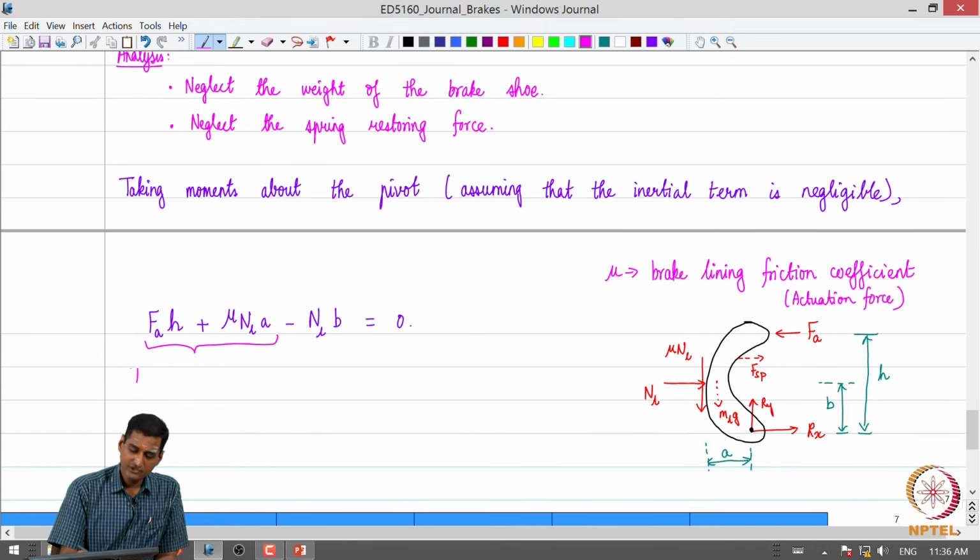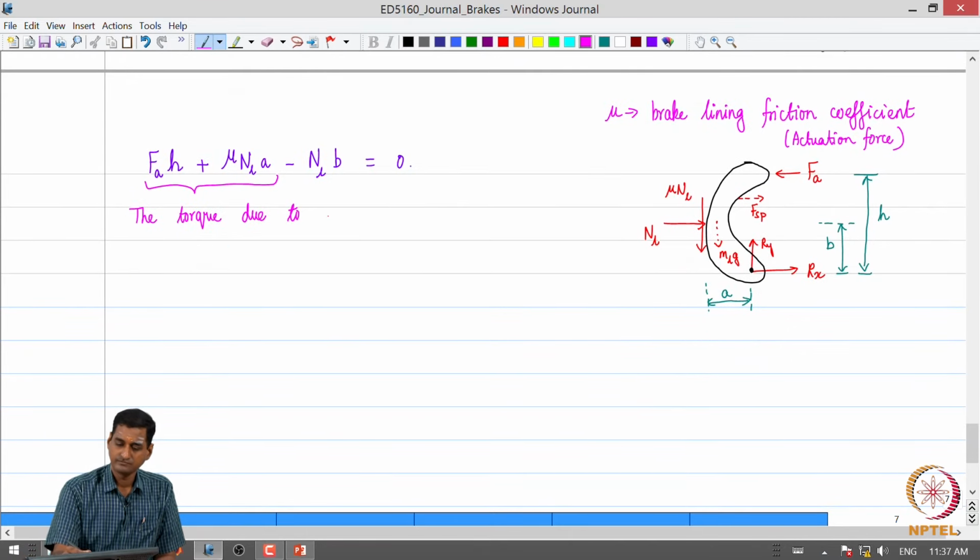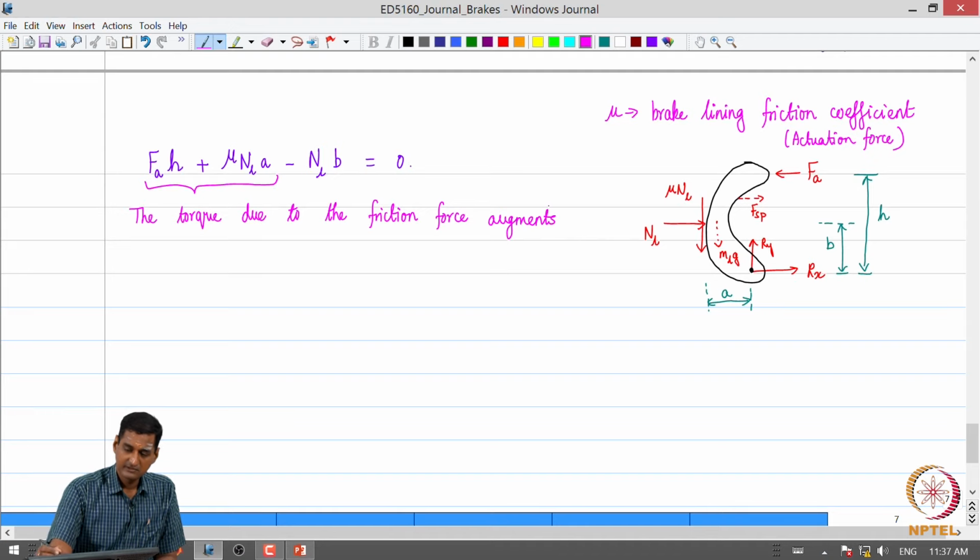So the torque due to the friction force augments that due to the actuation force.